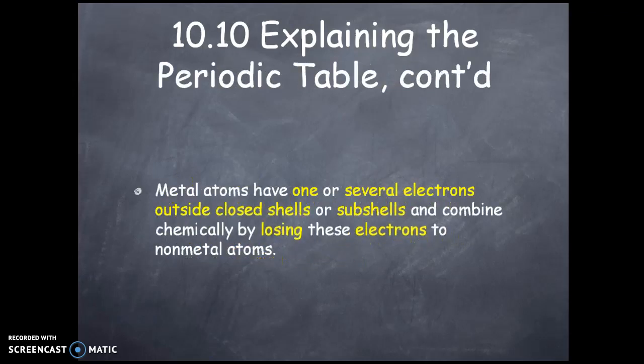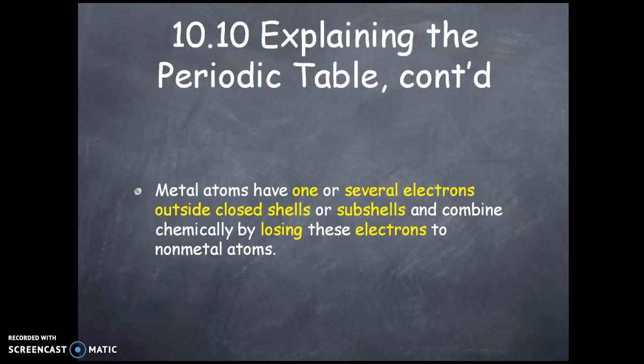Metal atoms have one or several electrons outside the closed shells or subshells and combine chemically by losing these electrons to non-metals. So metals usually have excess electrons, and they look for another element that wants to take or share the electron. Non-metals are the ones looking for an extra electron, and metals are the ones with excess electrons.